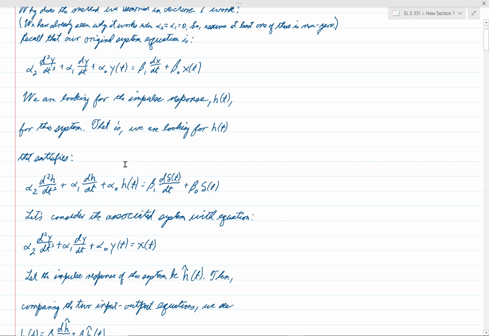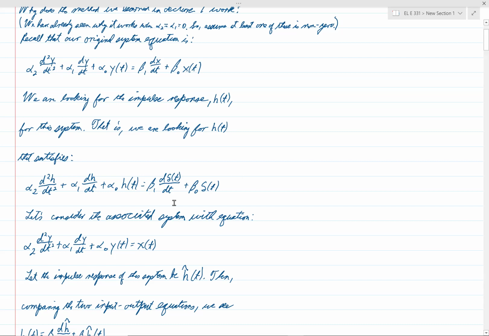So that means we can substitute h for y if we also substitute the delta function for x. So this is the equation that h satisfies right here, and we want to find what h is.